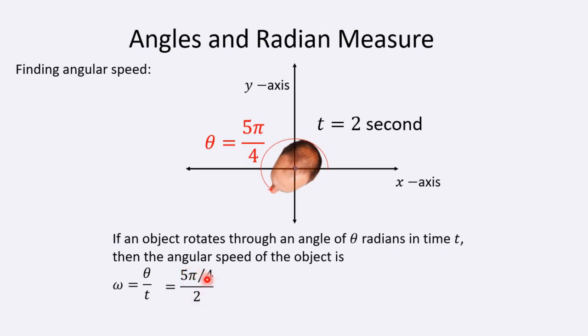Once again, you keep the first fraction the same, you flip the 2 over into a 1 over 2, and you multiply instead. When you multiply, you get 5 pi over 8. So 5 pi over 8 is the angular speed, or how fast this thing is going. Basically, it's doing 1.963 radians per second. That is a measure of how much rotation it does every second. All right, so that's the angular speed.